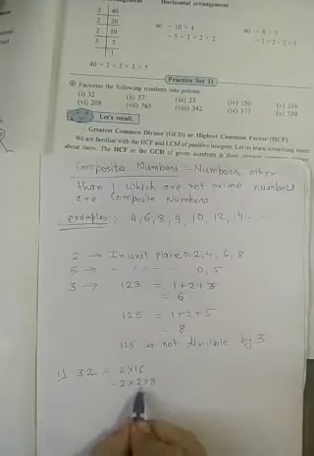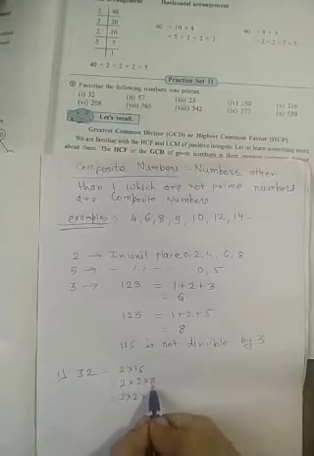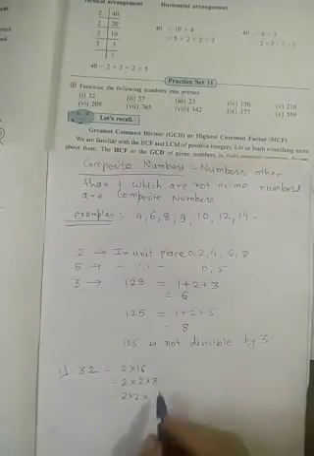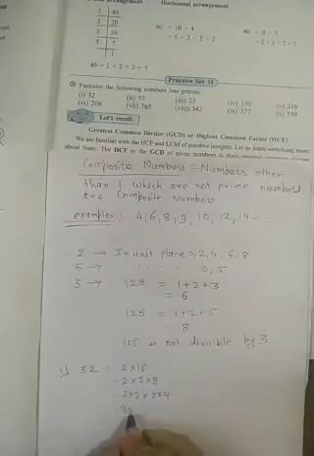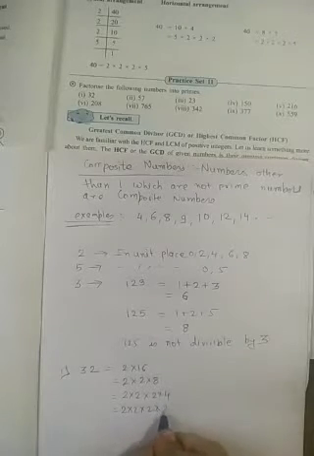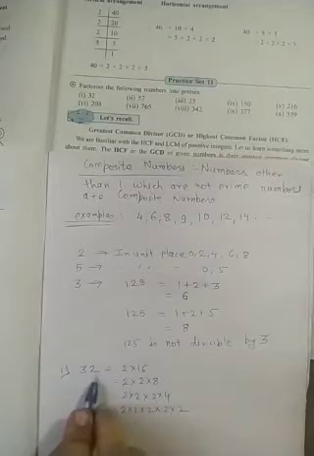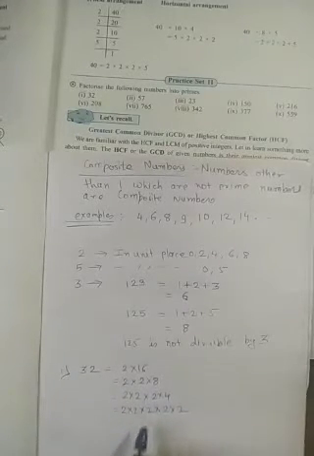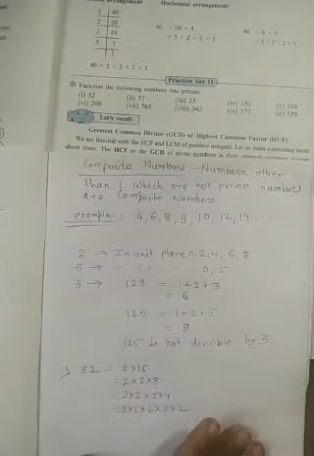These 2s are prime numbers, so we keep them as they are, and then we find the factors of 8, which is 2 into 4. Then the factors of 4 are 2 into 2. So the prime factors of 32 are 2 into 2 into 2 into 2 into 2. This is one method, the horizontal arrangement.